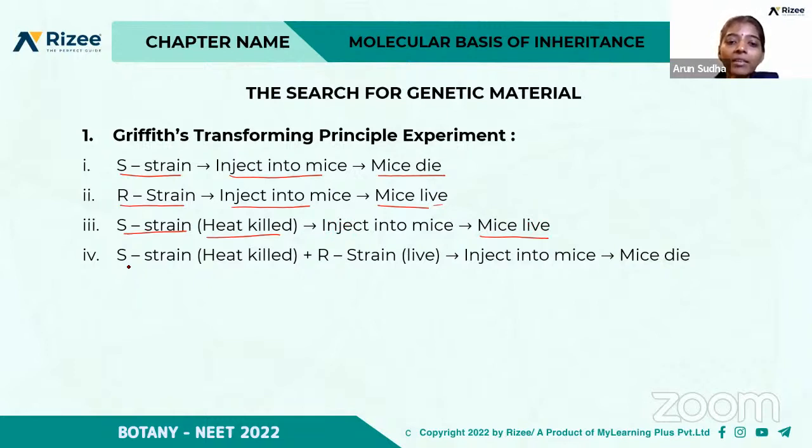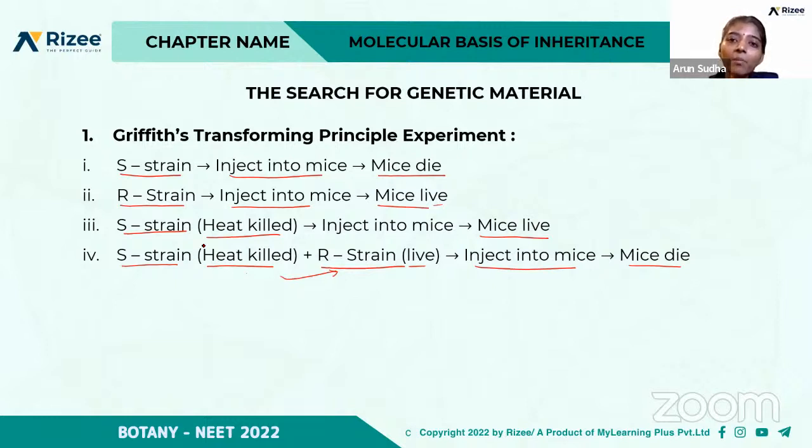But when he used the S strain, which is heat killed, together with the live R strain, and injected it into the mice, what happens? The mice die. So what is the difference between the two? Here, even though it is heat killed, some factor is transferred from the S strain to the R strain, right?